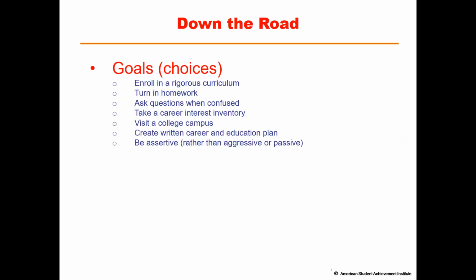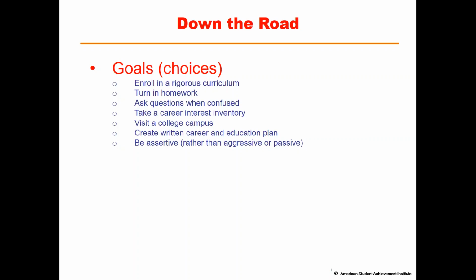So there may be choices like enrolling in a rigorous curriculum, turning in their homework, asking questions when they're confused, taking a career interest inventory, visiting a college campus, creating a written career and education plan, or being assertive rather than aggressive or passive. So in most schools, there are 50 to 70 different choices that successful students tend to make during the years that they're enrolled in your building.